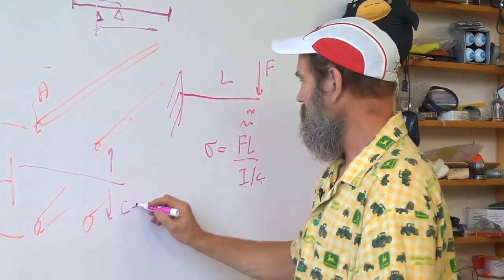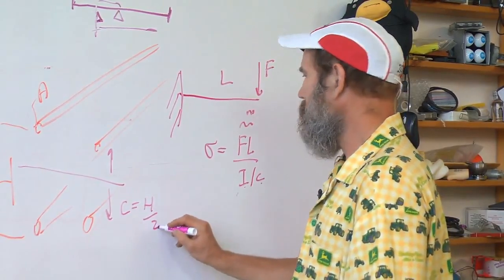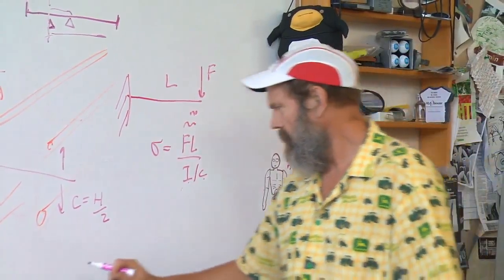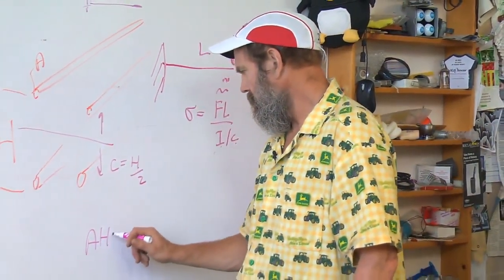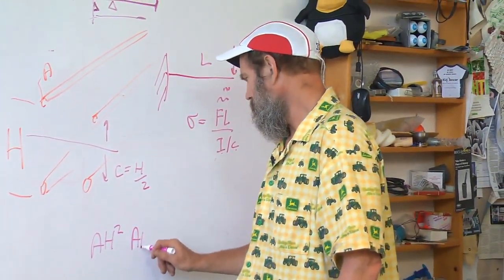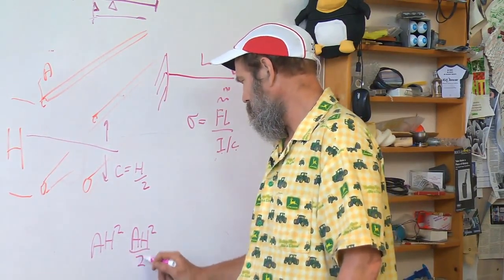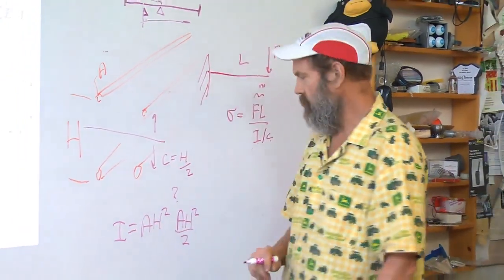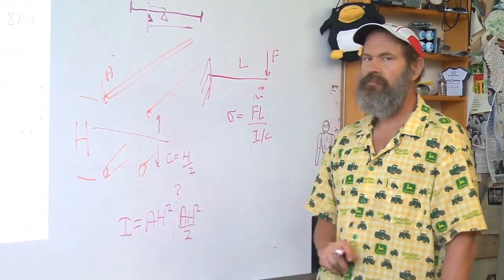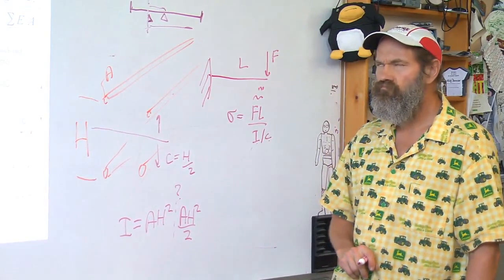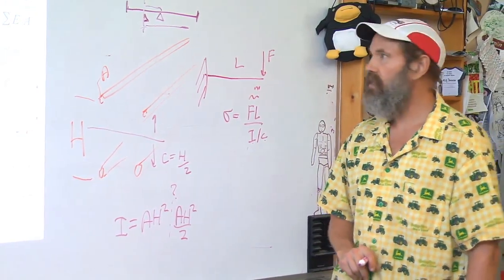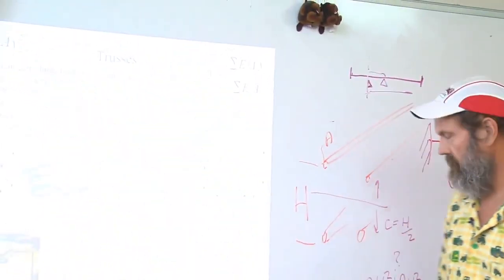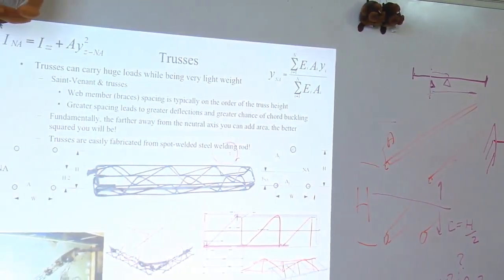So c here equals h over 2. Okay? Was it A h squared or was it A h squared over 2? I don't remember. Let's calculate it. You go ahead and do it without me, and let's see if we come up with the same answer.